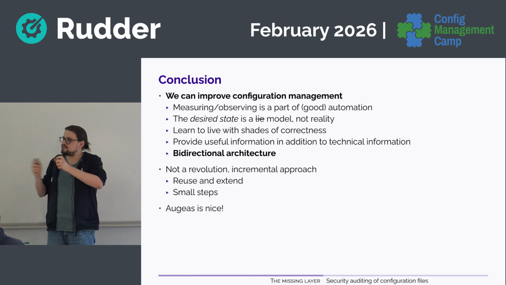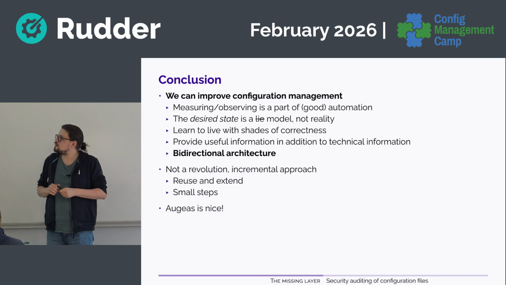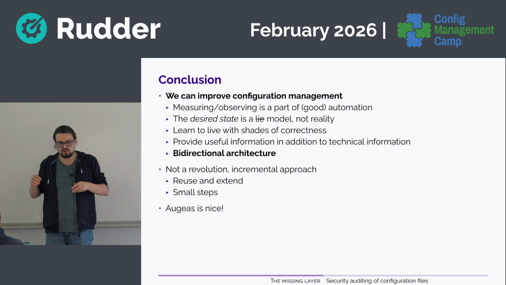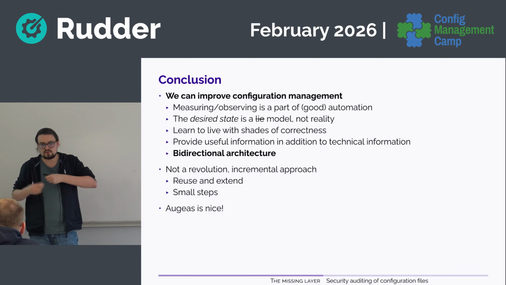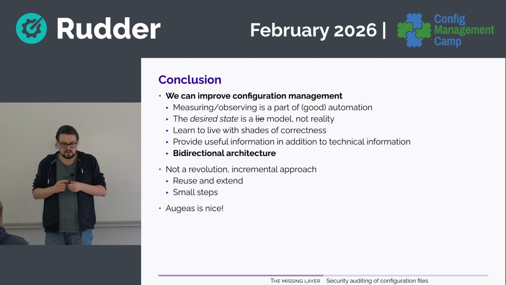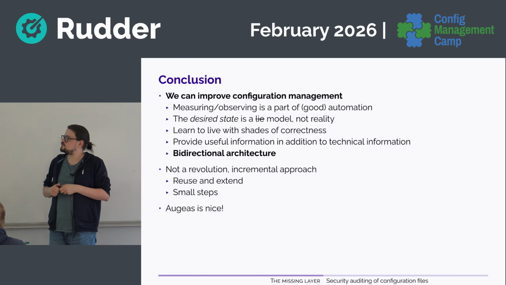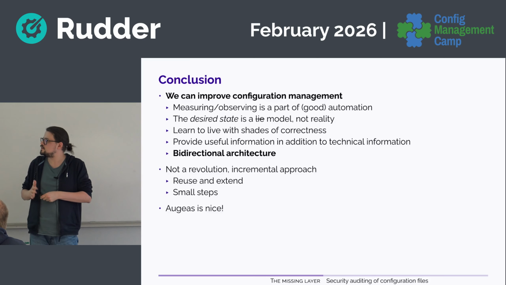So this bi-directional architecture is really nice compared to the push mode that is often the default in configuration management. We do this as an incremental change, so we add new resource types and more information in the output for each resource type over time. So this is not a big bang in any way.